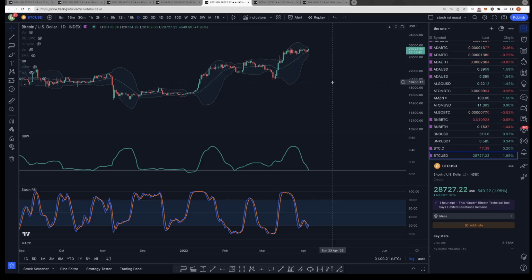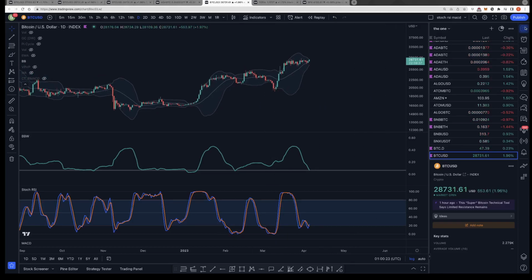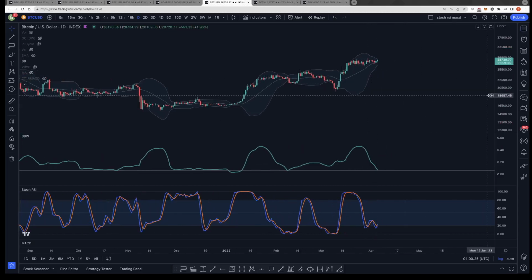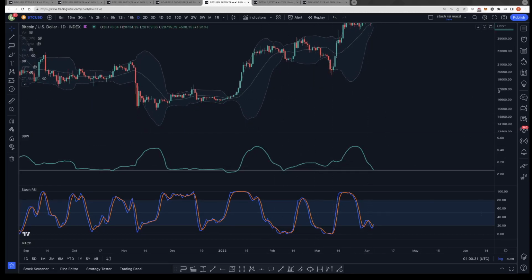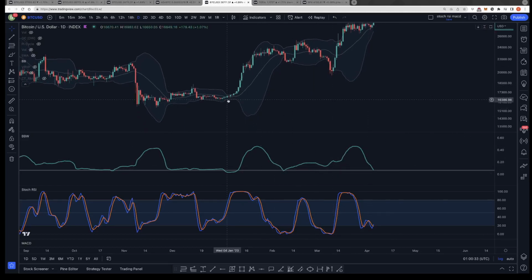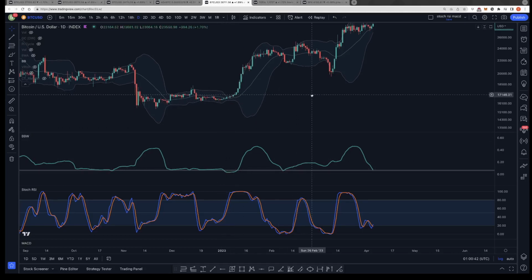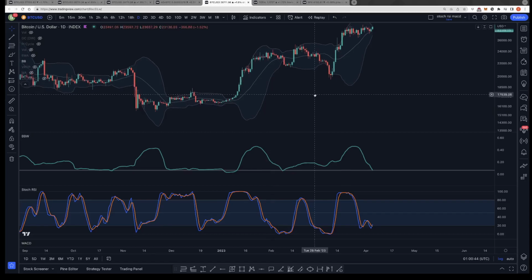Next chart, we're looking at Bitcoin. I have the Bollinger Bands on here, and this pane down here is the BBW, which measures the width of the bands. So when they get real tight, like right here, the line is real low, closer to the zero, and usually after that we have a pretty significant move.